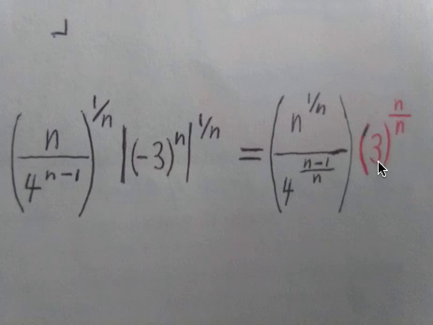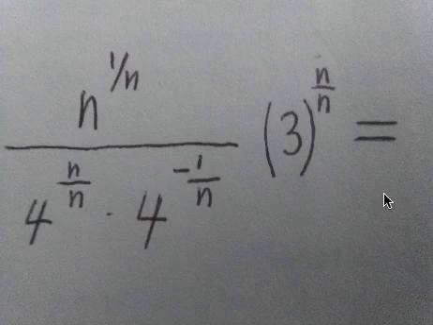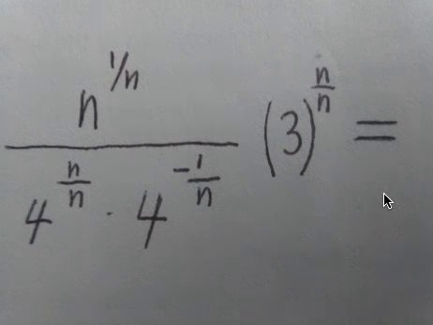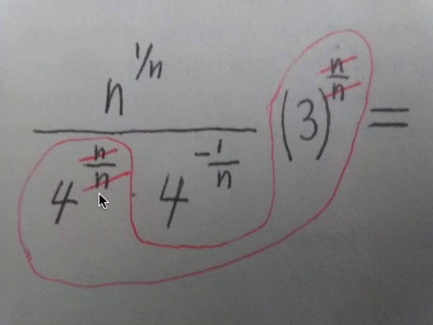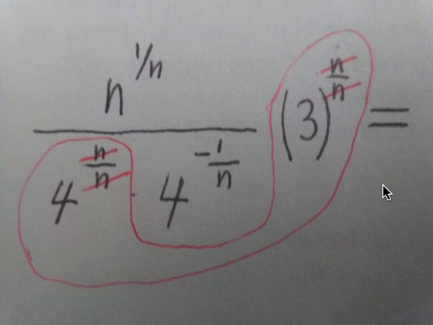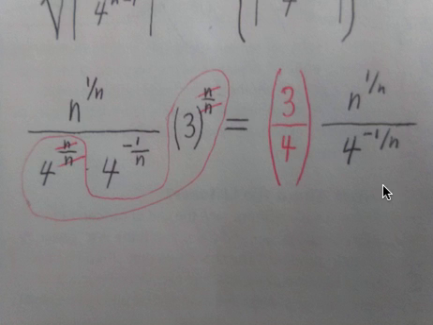It all comes to 3 to the n over n, which of course those two n's are going to cancel out. Ta-da! And we can do the same thing in the denominator. Since we have 4 to the 1 and 3 to the 1, those are constants, and we can pull them off to the left-hand side.